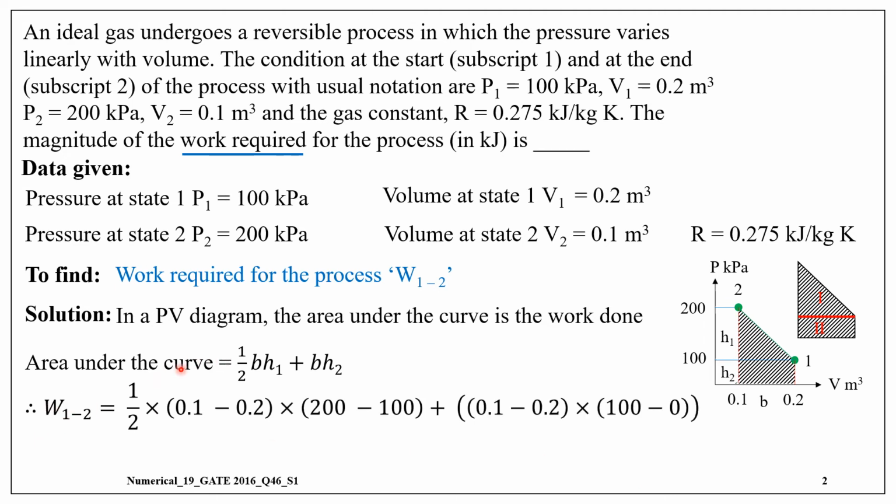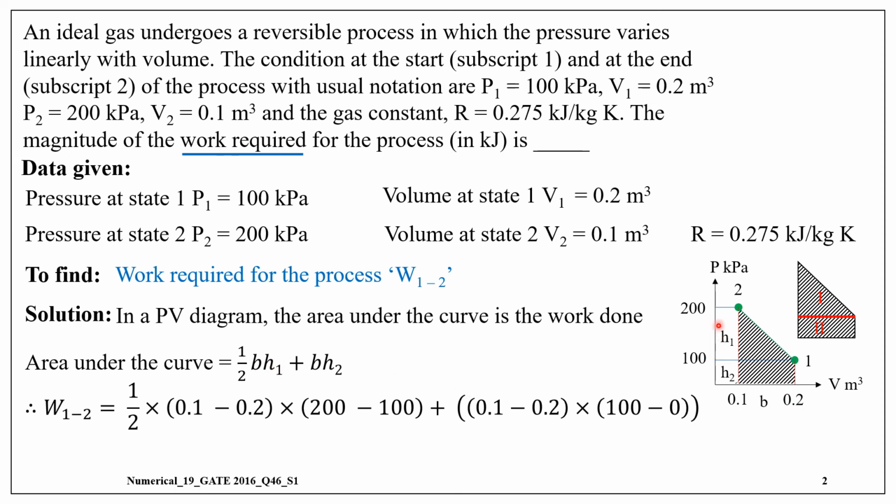We can now substitute. W1-2, that is the area under the curve, which represents the work done, is equal to half multiplied by, instead of B, substitute 0.1 minus 0.2, the final state minus the initial state. Final state is 0.1, initial state is 0.2.